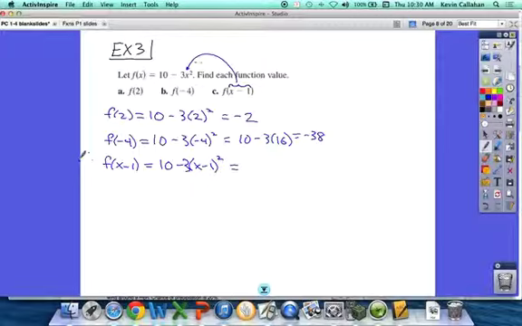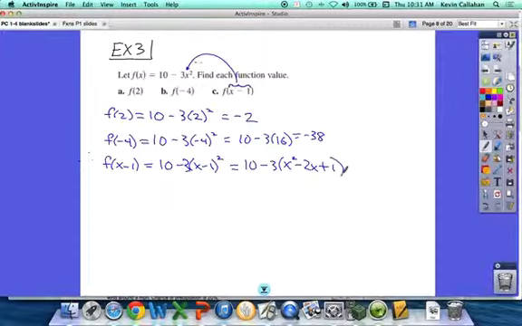Now what am I going to have to do to simplify that? First you're going to have to deal with the x minus 1 squared, which is a FOIL. It's not x squared minus 1. It's x minus 1 times x minus 1, which is 10 minus 3 times x squared minus 2x plus 1. That is a FOIL.